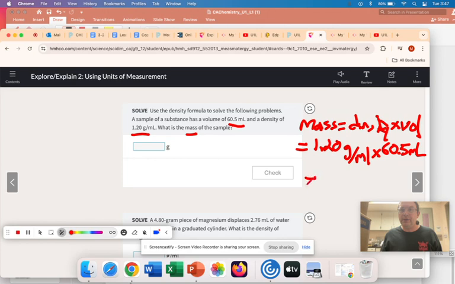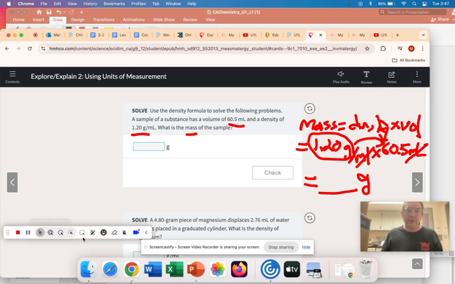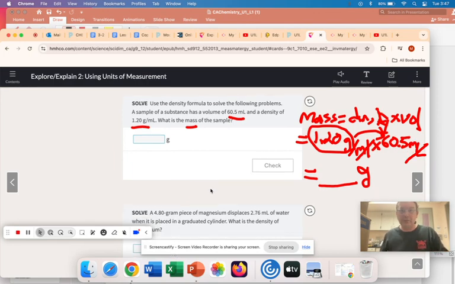If I did that with my calculator, 1.2 times 60.5, the milliliters would cancel each other, and I would be left with grams. So try to do that with your calculator.